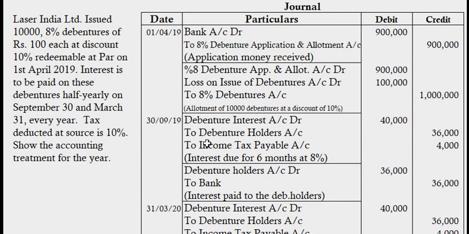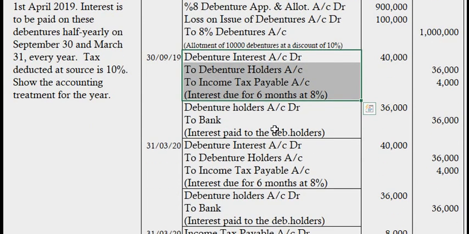Next case, at the end of the first quarter, at the end of September 2019, the interest is made due and paid to the debenture holders. So first we made the interest due, and we paid the interest to the debenture holders.